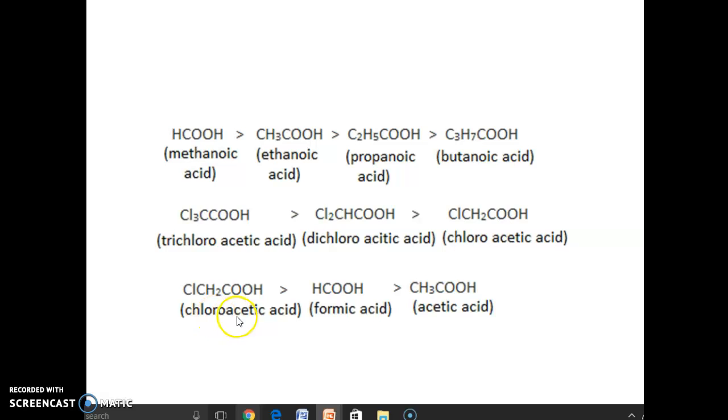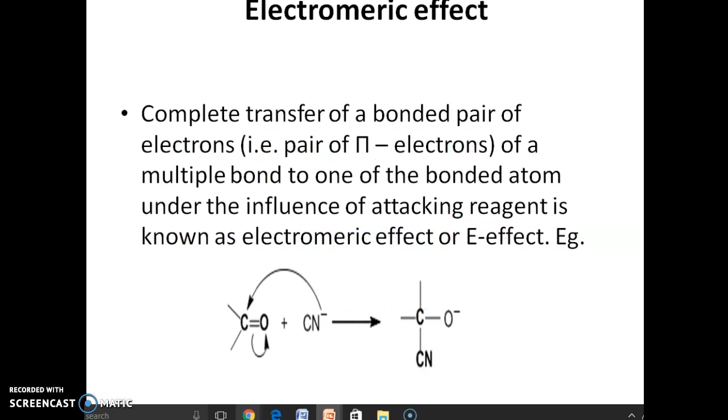Chloroacetic acid is stronger than formic acid, and formic acid is stronger than acetic acid. So acetic acid is the weakest acid compared to formic acid. Like this, the minus I effect can be used to explain the acidic strength of organic acids.